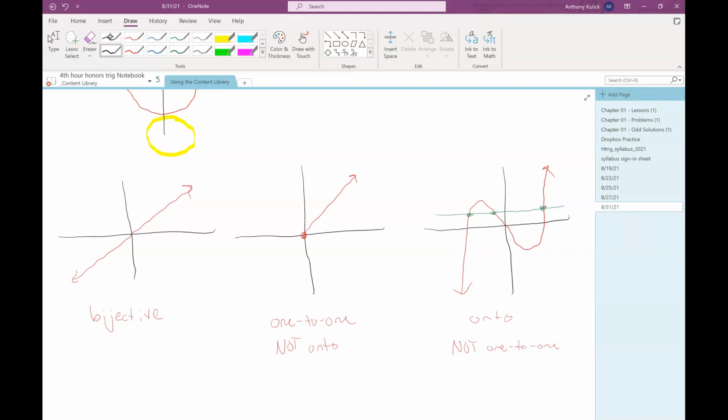Remember when we change something from a function to its inverse, we're swapping the x's and y's. If a function uses one y coordinate more than once, its inverse then, that y coordinate becomes an x that's used more than once. And we'll have something that fails a vertical line test almost by definition, right?